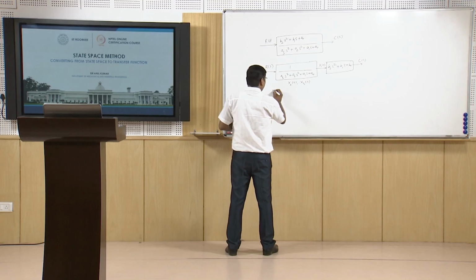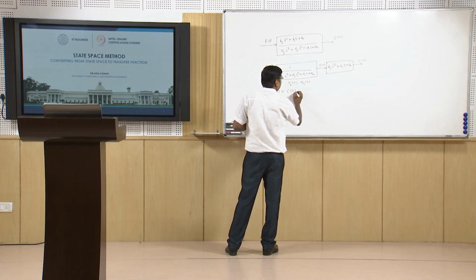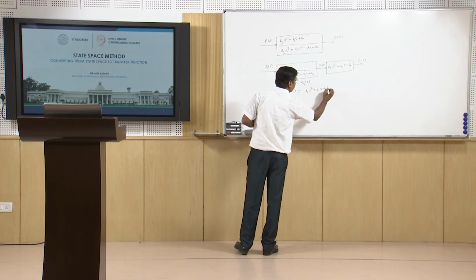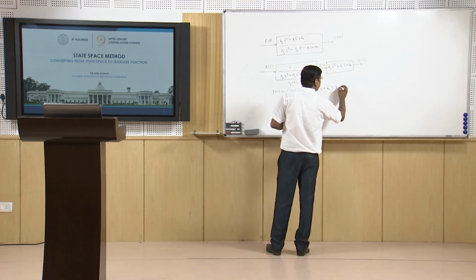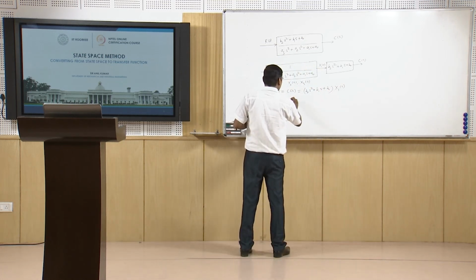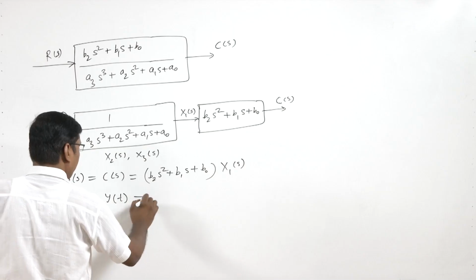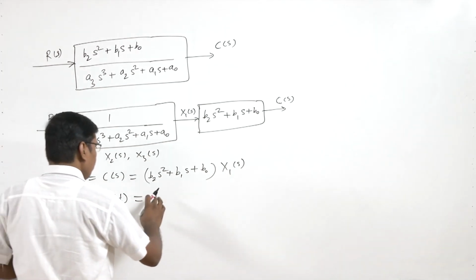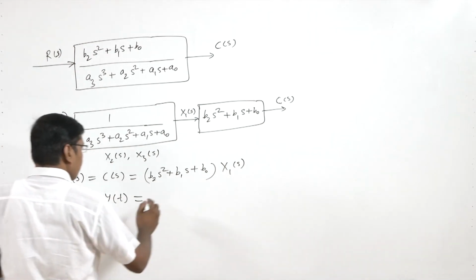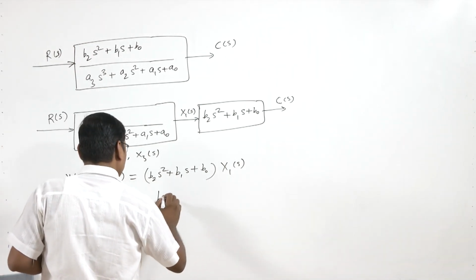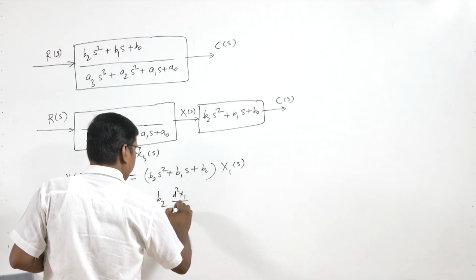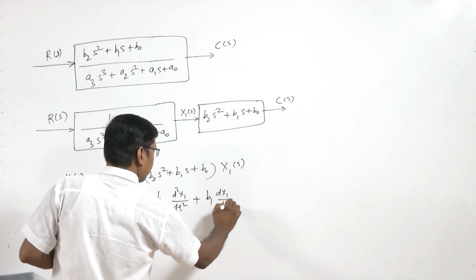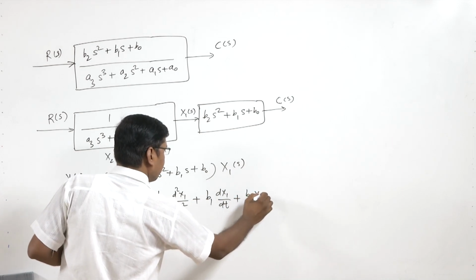So here Y(s) equal to C(s), that is equal to b2 s square plus b1 s plus b0 into X1(s), and we take the Laplace transform with initial conditions 0 of this, we will get b2 into d square x1 by dt square plus b1 dx1 by dt plus b0 x1.